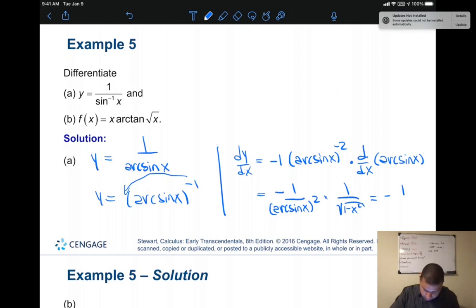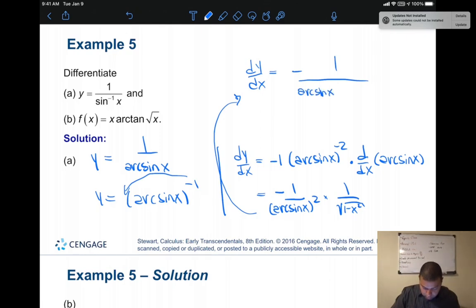So I can write the whole thing together on the same denominator. I'll just do it here. Wonder if it fits. Not using my space very well, so let me do that here. So dy dx equals minus 1 over arc sine x squared times the square root of 1 minus x squared.